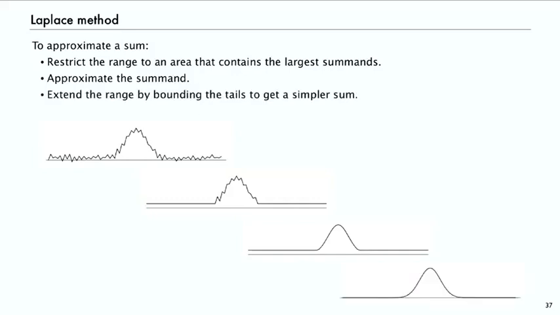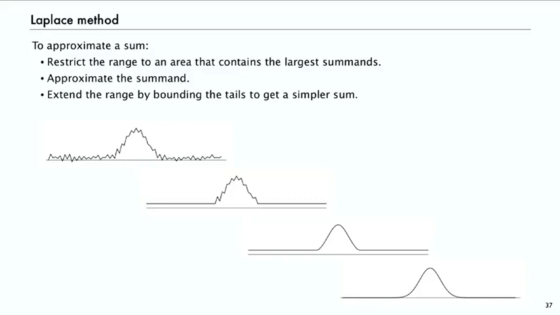And then what we can do is extend the range. That approximation usually is also going to be very small on the tails, so we can just extend the range back out.